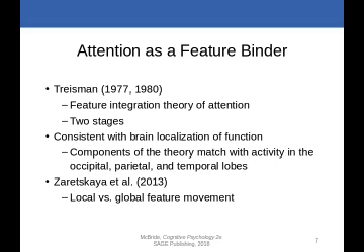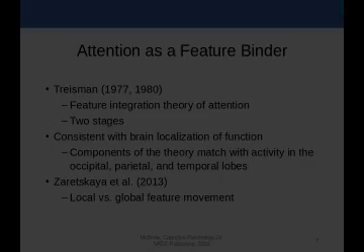One of the really cool things about this attention as a feature binder, I focus my attention on a particular thing in a scene, and that attention allows me to give meaning to that particular spot and inform me as to what the things are that I'm looking at.